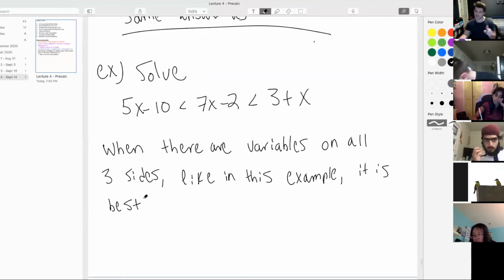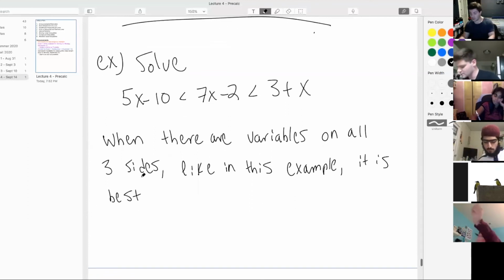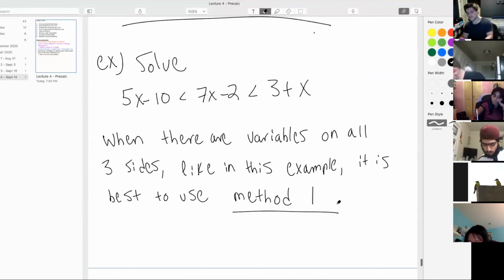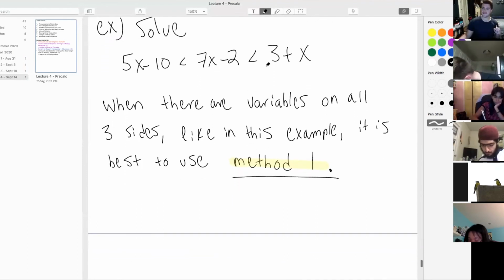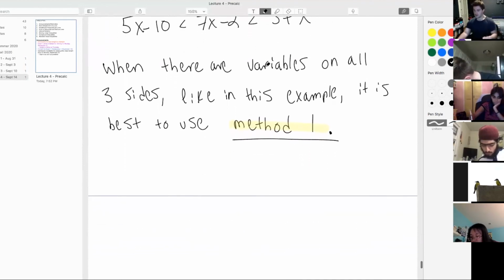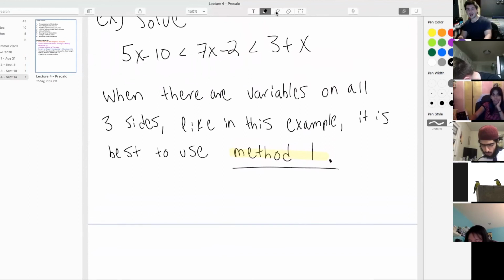I think I said method 2. I meant to say method 1. Okay, so that was when you split it up into 2 separate inequalities and solved. So first we solve this guy.